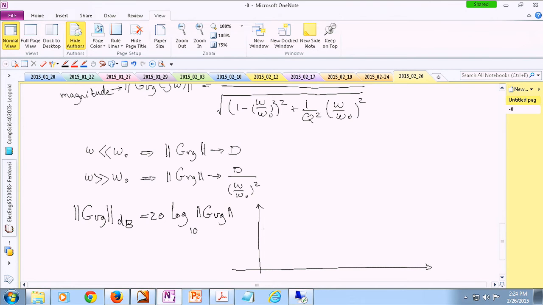So it ends up with something like this. This slope is negative 40 dBs per decade.